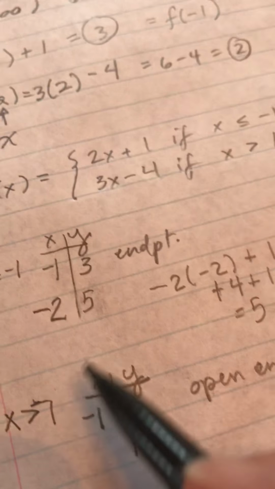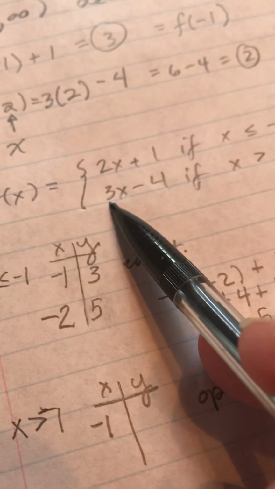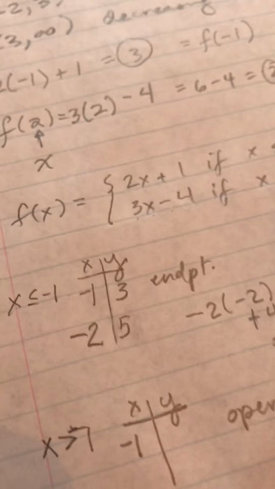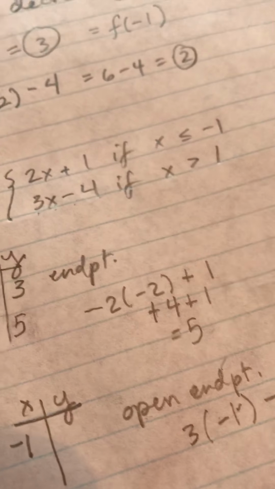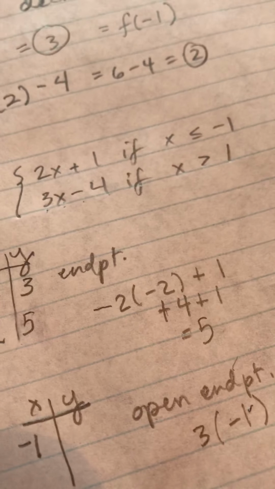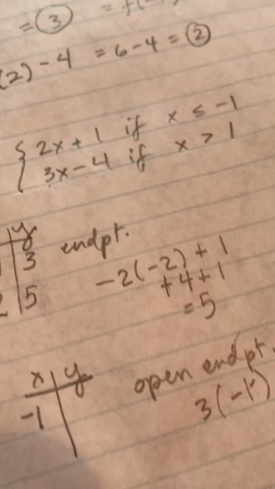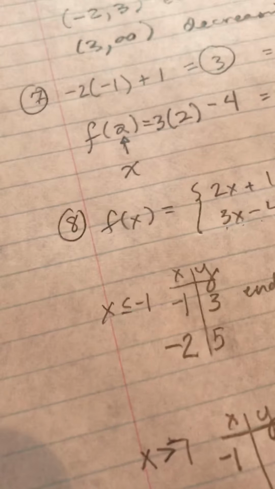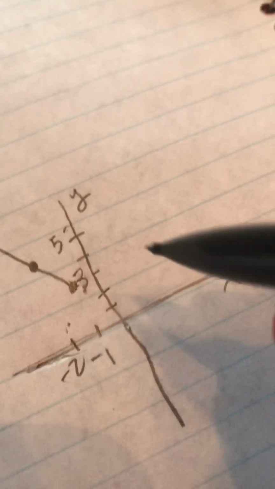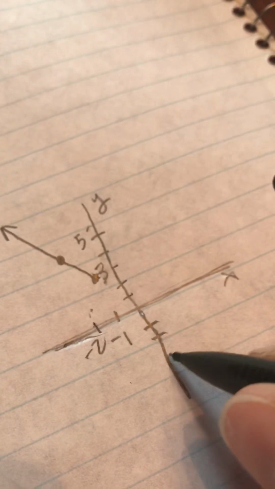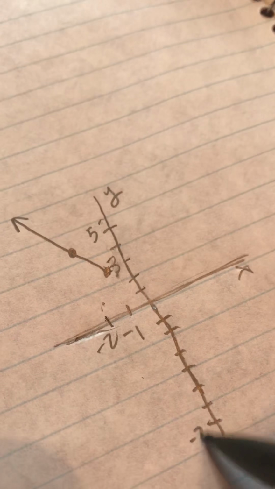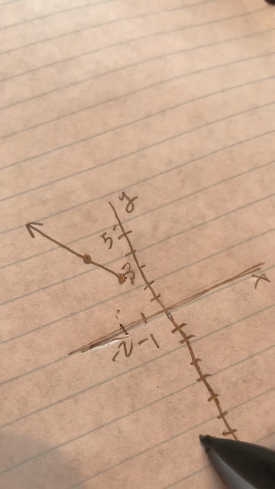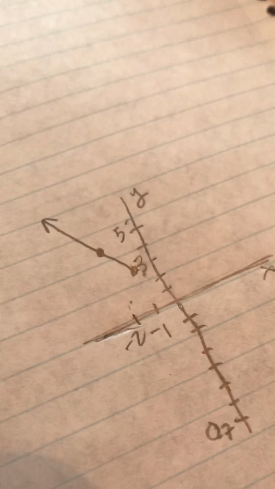So plugging in negative 1 to that piece, you've got 3 times negative 1 minus 4. See if I can get this correct here. That's negative 3 minus 4, which is negative 7. All right, so negative 1, negative 7 is an open endpoint. So if you go over to the graph, negative 1, down 1, 2, 3, 4, 5, 6, 7 is right there, and we want an open dot.